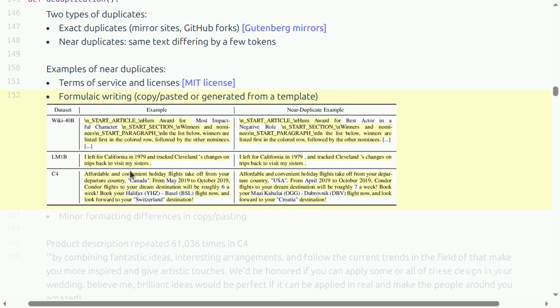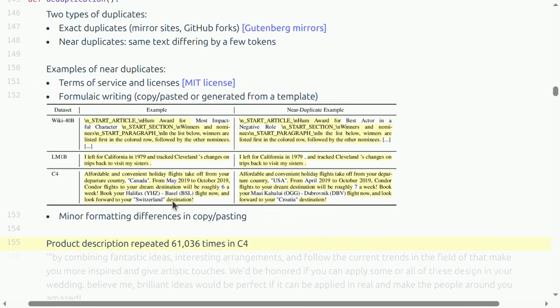And sometimes you see these templates, probably low quality content that essentially looks like an ad of some sort, and someone just templatized it, replacing Canada with USA. If you train on different variations of this with different entities, this is going to be wasting your GPUs.